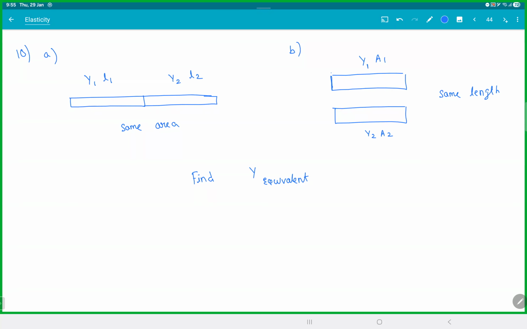These equivalent things will come in elasticity. It will come later on in thermal expansion. It will come in current electricity, equivalent resistivity. They can ask you all this kind of stuff.